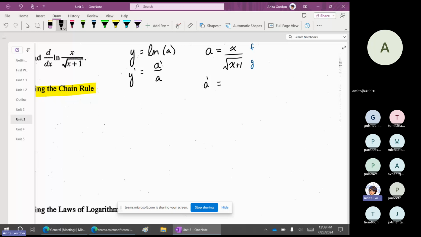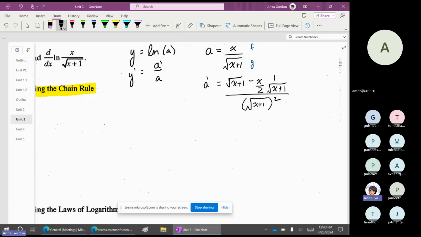Which derivative do I start with? The derivative of x is 1. So 1 multiplied by the bottom unchanged, minus x times the derivative of the bottom, which is 1 over 2 root x plus 1, all over the bottom squared.